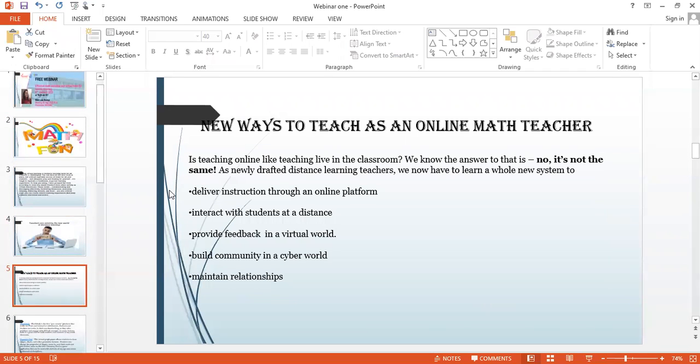Definitely the answer is no. As newly drafted distance learning teachers, we now have to learn a whole new system to deliver instruction through an online platform, interact with students at a distance, provide feedback in a virtual world, build community in a cyber world, and maintain relationships.